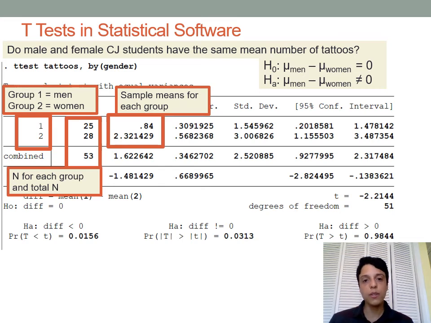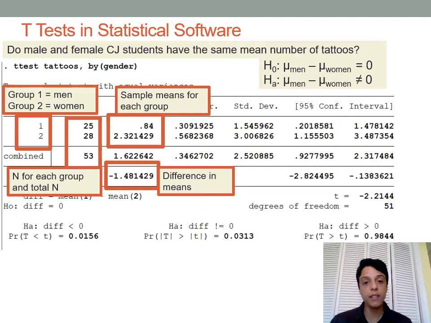This next column shows you the sample means for each group. So among men in the class, we had a mean of only 0.84 tattoos, so less than 1 tattoo on average. For the women in this class, we had a mean of 2.32, followed by some other stuff. So we had an average of about 2.3 tattoos for women in the class. So that seems like a notable difference.